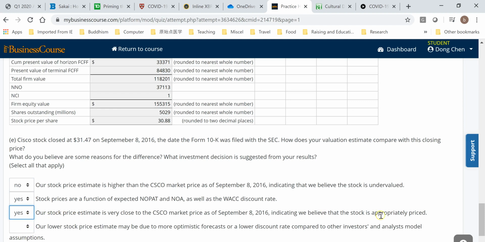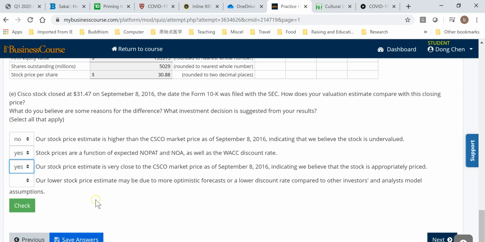This is also true. Although the stock price estimate may be due to more optimistic forecasts or a lower discount rate, these two are not inconsistent with each other, because if you have a more optimistic forecast and a lower discount rate, normally your stock price estimate will be higher, since the discount rate has an inverse relationship to the stock price.